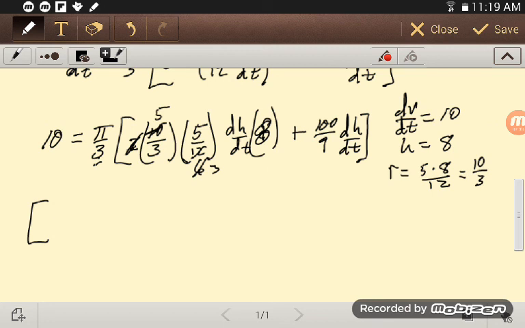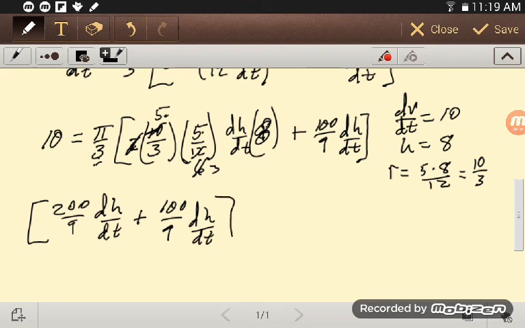So I have 5 times 5 times 8, that's 25 times 8, or 200 over 9, for this constant times dh/dt, plus 100 over 9 dh/dt. Well, that's convenient. And that's all equal to, since I divided by pi over 3, 30 over pi.